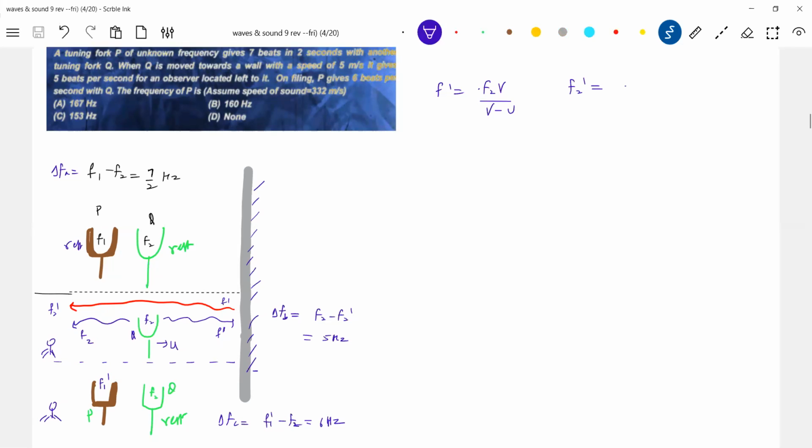Now the observer is at rest, no? F dash only. So the beat frequency delta FB is equal to F2 minus F2 dash. So this will be F2 minus F2 V by V minus U.